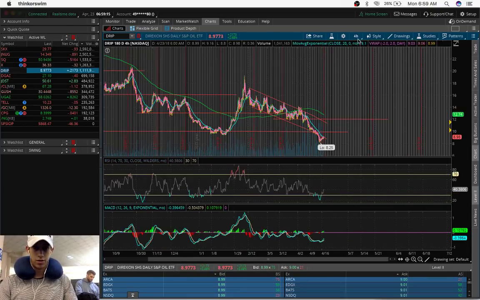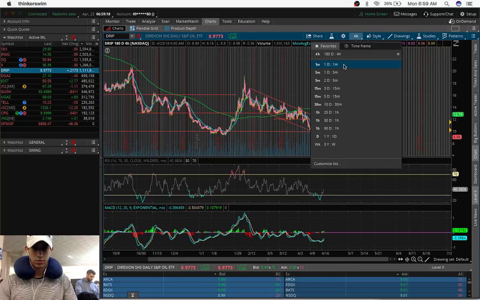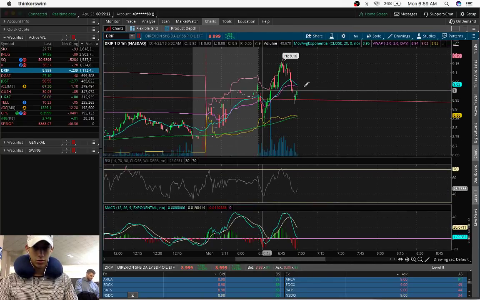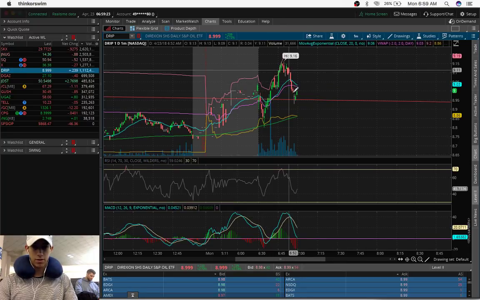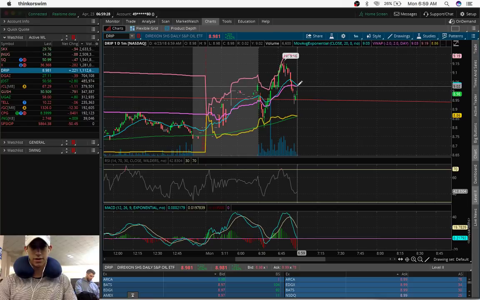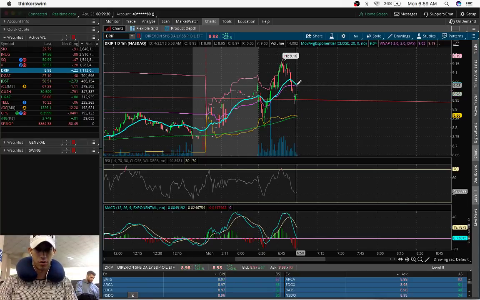How's Drip doing? So Drip just had a little bit of a sell-off. Looks like it dropped below the middle VWAP, and if this continues, then I think that this thing can get rejected by that middle VWAP, unfortunately. So let's see how this trades.